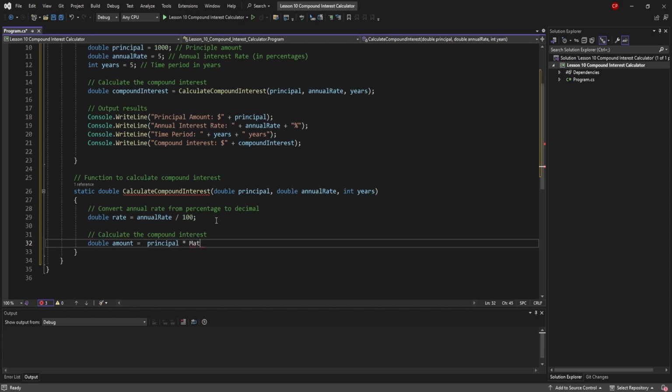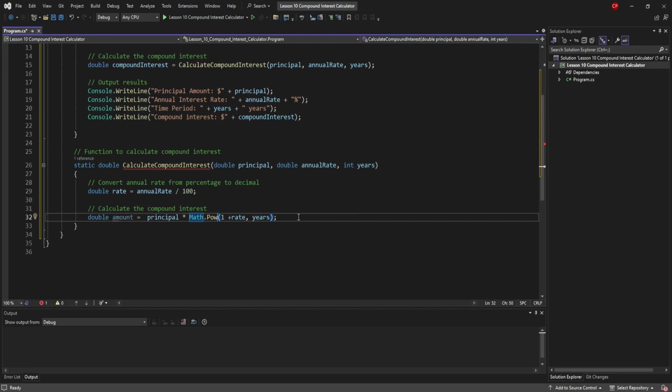This is a new thing. Math.pow, and we're going to say 1 plus rate and years. Just like that. This is something new that you guys haven't seen yet, but we will go on to explain that in just a minute.